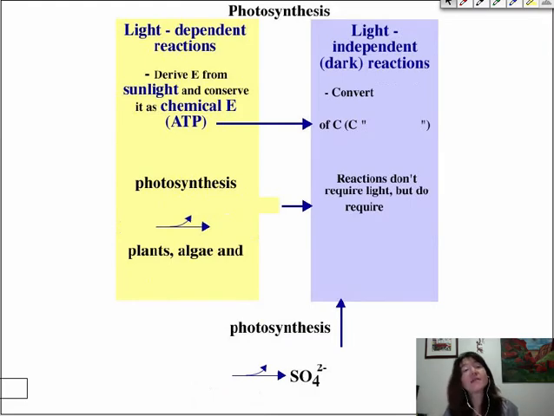Said another way, the sunlight excites electrons, and those electrons pass through an ETC. That ETC pumps protons, and that proton motive force is tapped into using ATP synthase to make ATP. And that ATP can then be used to power the dark reactions of photosynthesis.